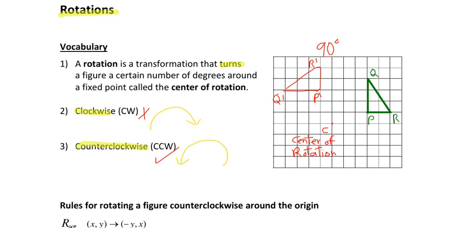So let me do that. I'm going to connect point C to point P, and then point C to point P prime.